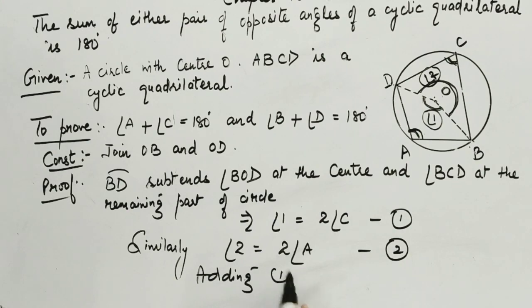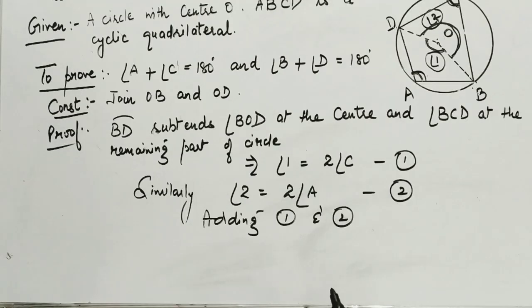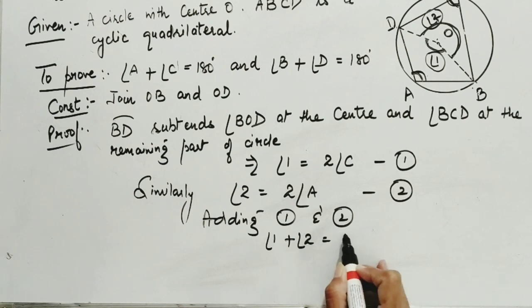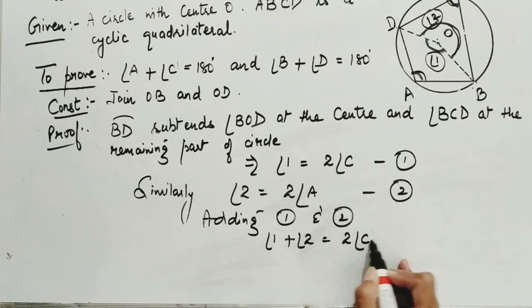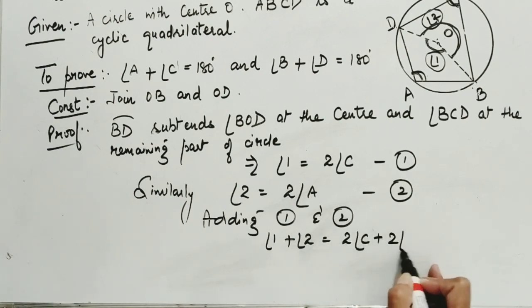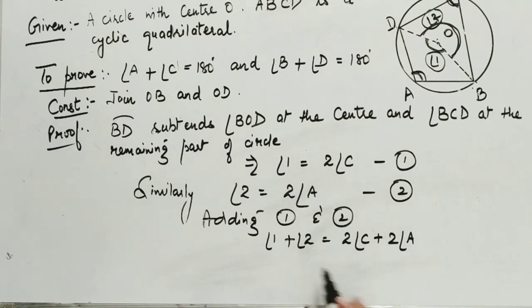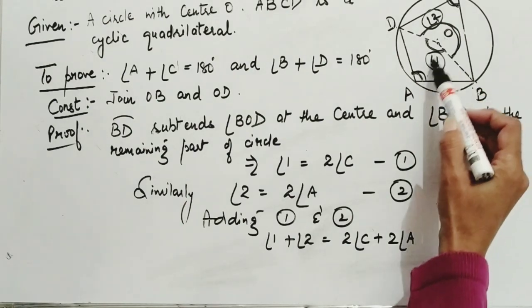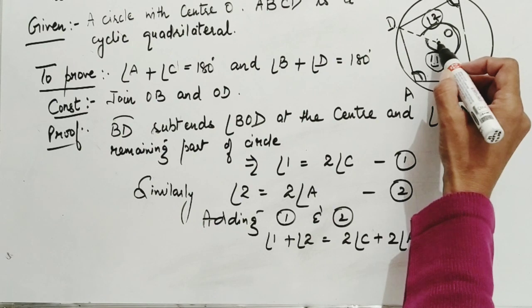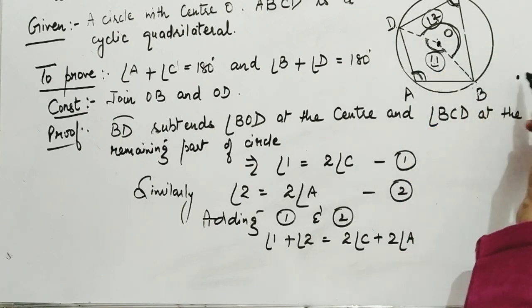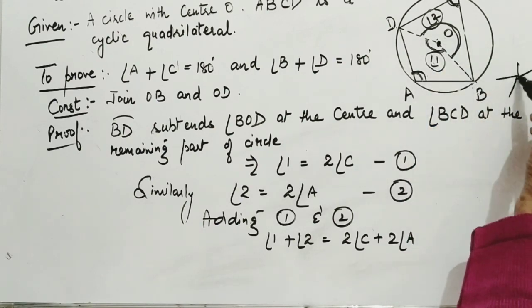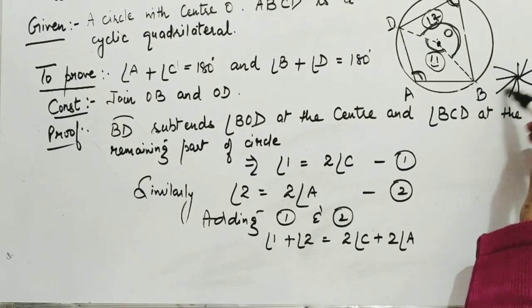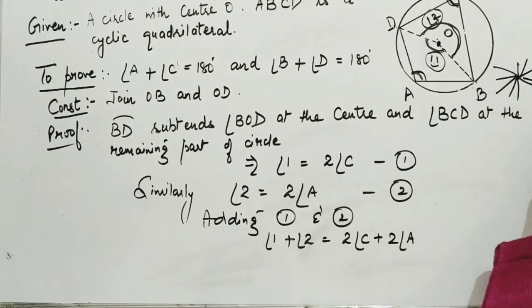adding 1 and 2, angle 1 plus angle 2 is equal to twice of angle C plus twice of angle A. Now what is 1 plus 2? What is the sum of these two angles? Since these two are formed at a point, n number of angles formed at a point would always add up to 360.